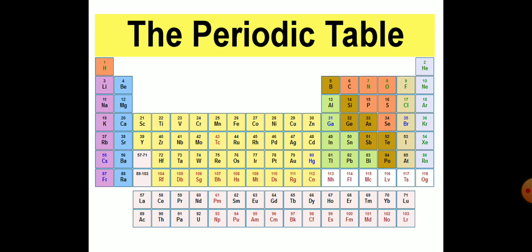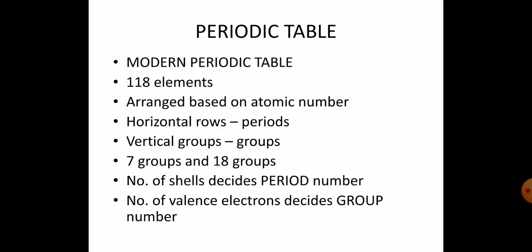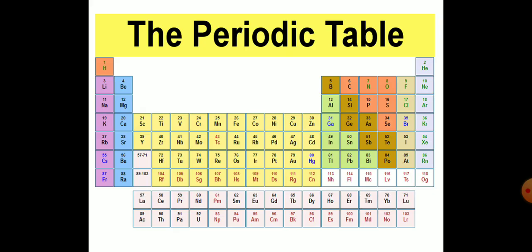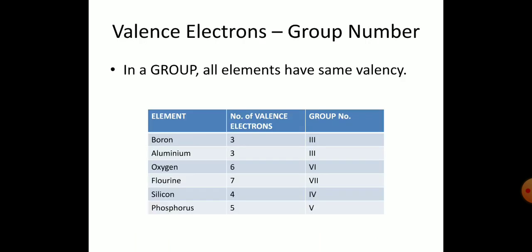See, the last element number is 118, which will have 7 rows, 18 columns. Rows are called periods, and columns are called groups, and we have to know this much about the periodic table in your 7th standard.